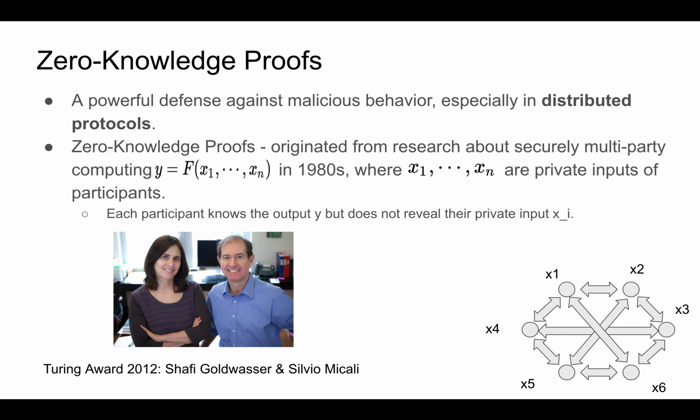Finally, each honest participant will know the joint output y correctly, but does not reveal any information about their secret information to malicious parties. Zero-knowledge proofs were proposed by Turing Award winner Shafi Goldwasser and Silvio Micali, in the picture. After a long line of research, zero-knowledge proof has become an independent research area from secure multi-party computation.